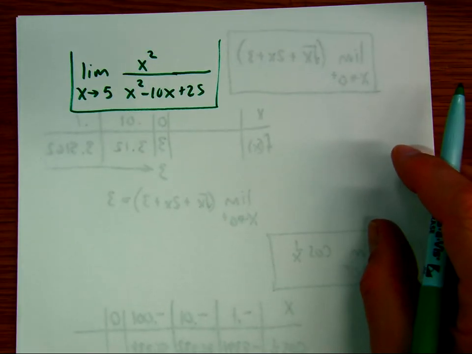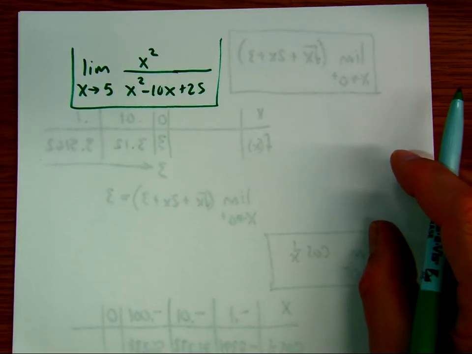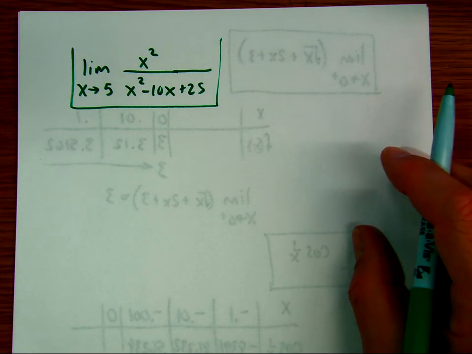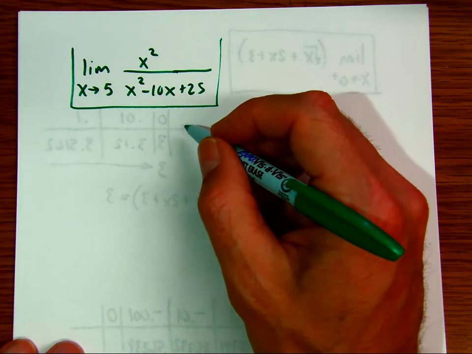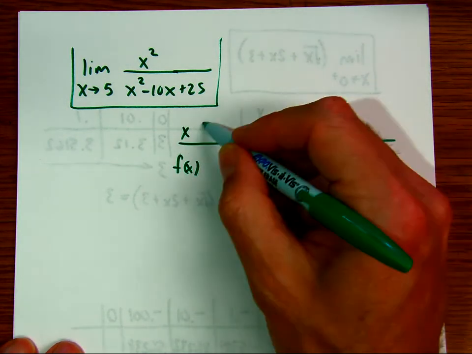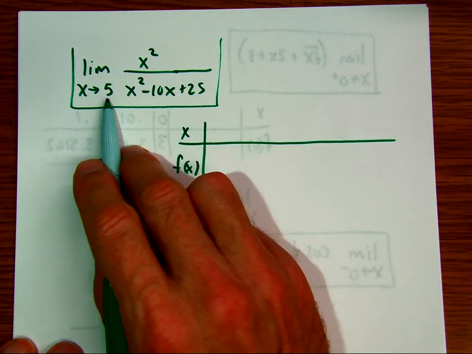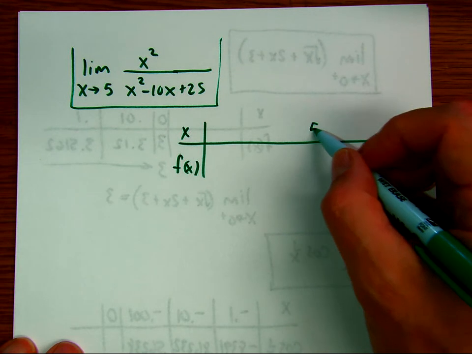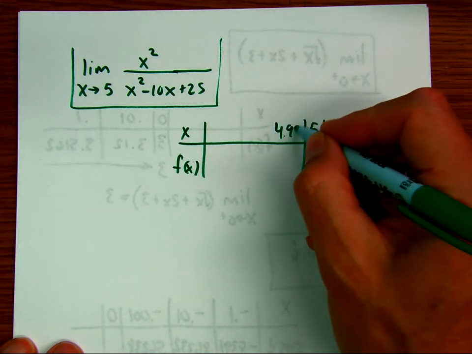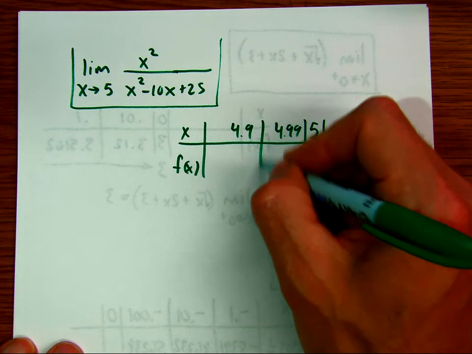All right, pause the video and try that one. So we need to get to 5 from both sides. And from the left, we could choose numbers like these.